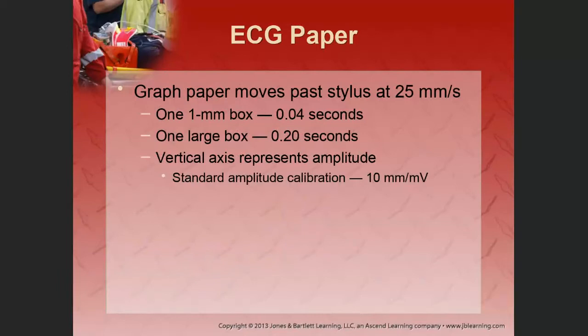The ECG is printed on a graph paper. Now, one small box represents 0.04 seconds or 40 milliseconds, and one large box represents 0.20 seconds or 200 milliseconds.